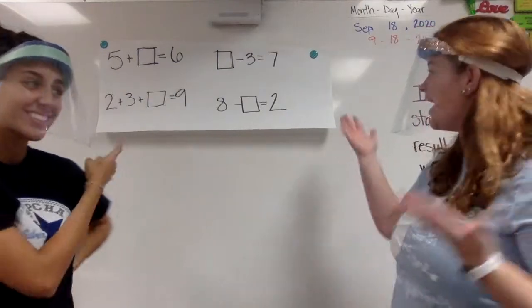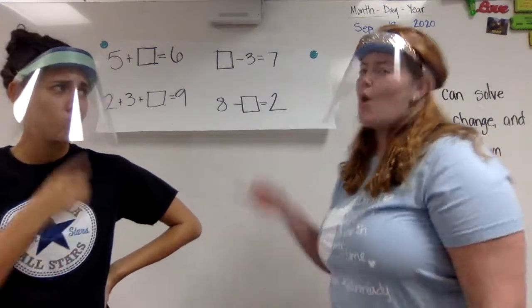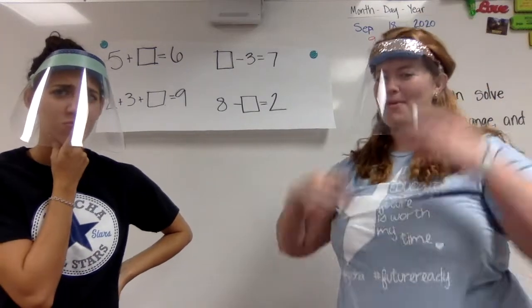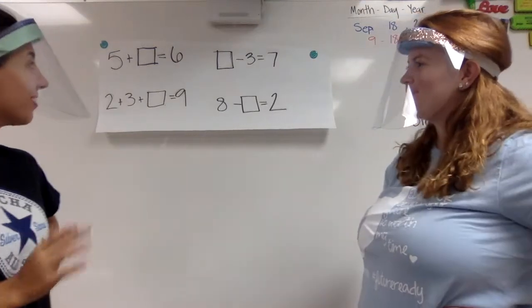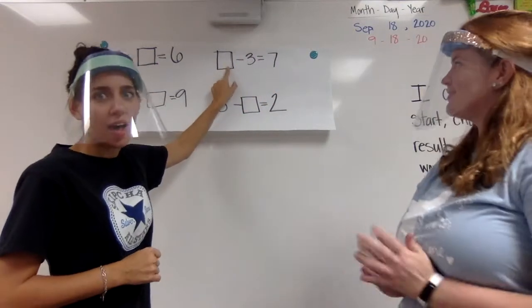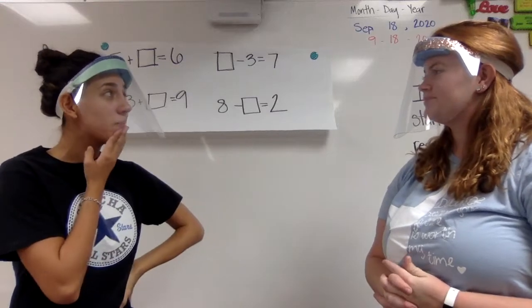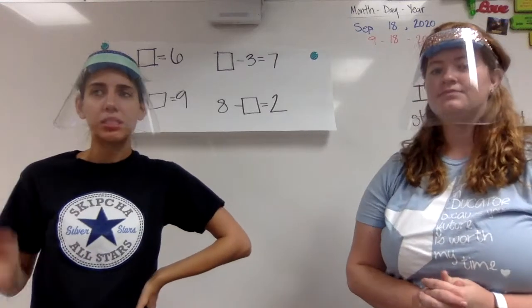Okay, now we have some number sentences that don't have a word problem. So, Miss Lestico, will you pick one to make up a word problem for? Oh my goodness, I'm going to make a word problem with this one right now. I know this is my start unknown word problem because it has a box at the beginning. So I'm going to have to start with the word some.